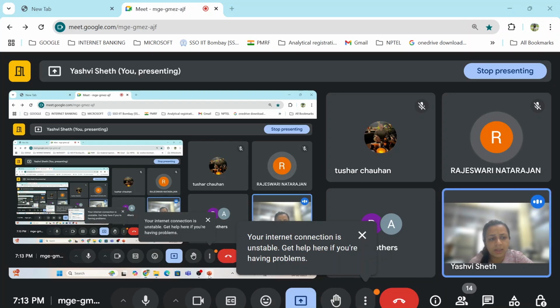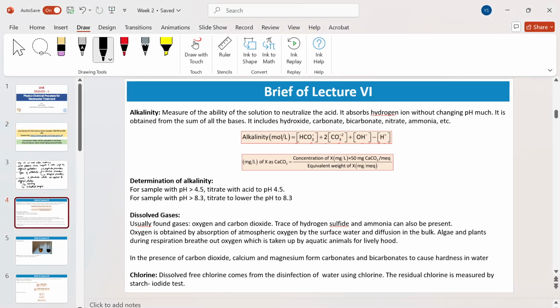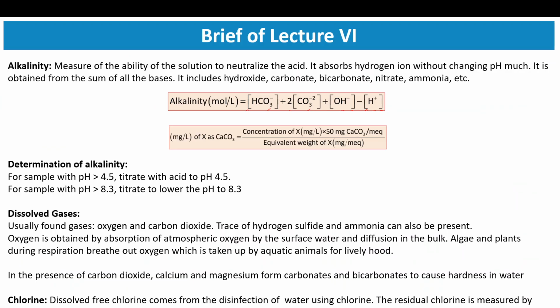In that case, since the ions in the solution cause reaction and neutralization, alkalinity helps in maintaining the pH. Because the ions are neutralized, it acts as a buffer sometimes.